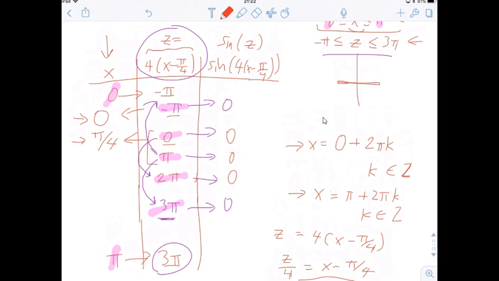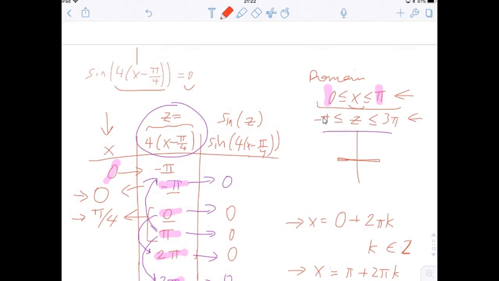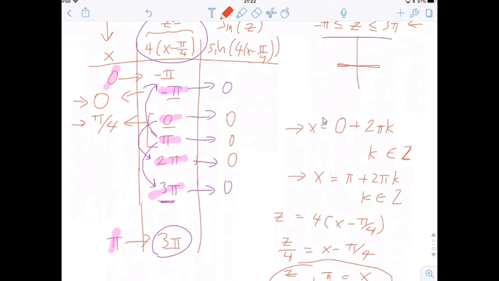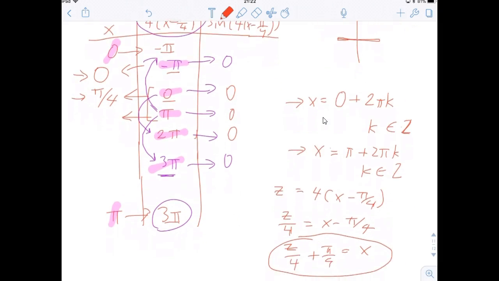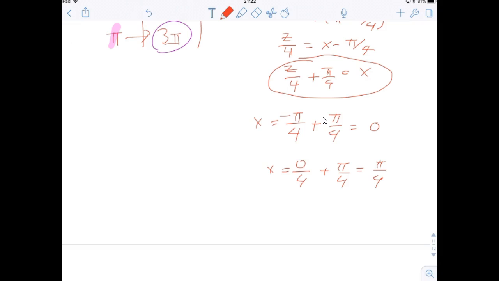If we plug 0 into here, we will get an angle z, which gives us 0. Okay, now let's do z equals pi. We're going to put z equals pi in here, so it would be pi over 4 plus pi over 4, which is pi over 2.